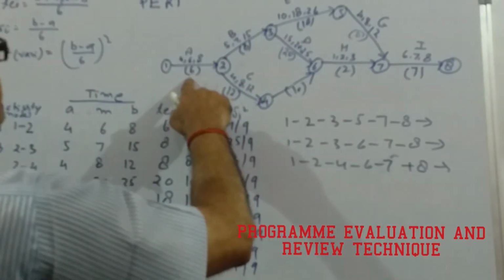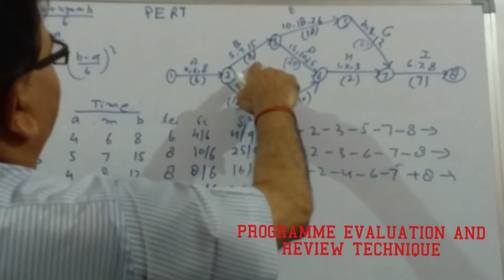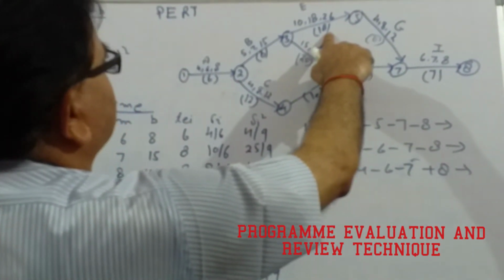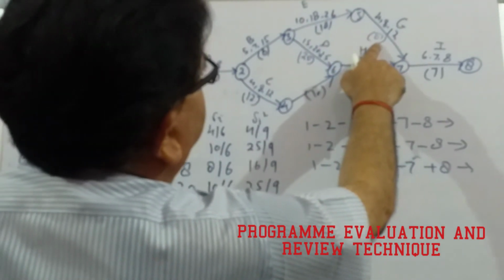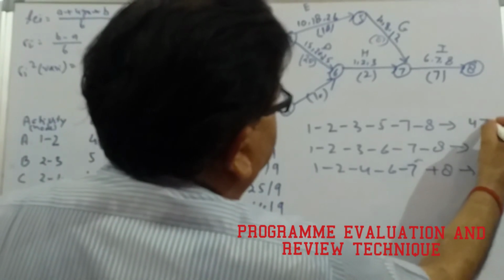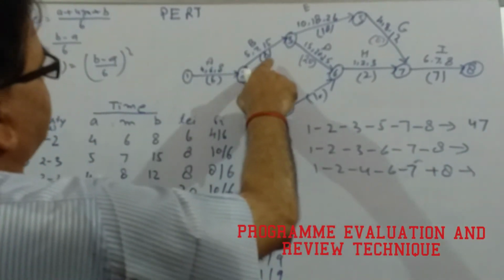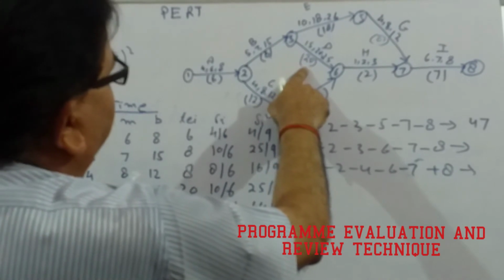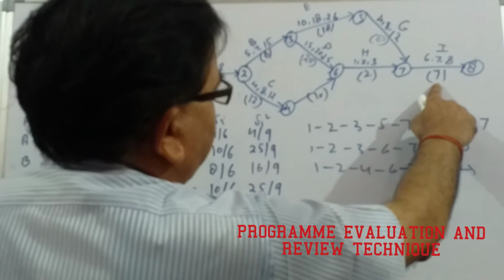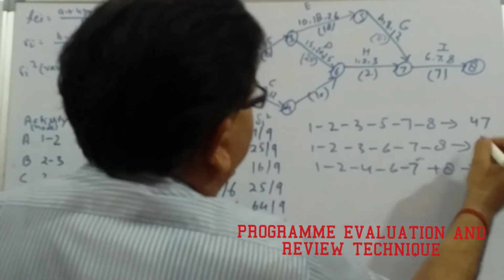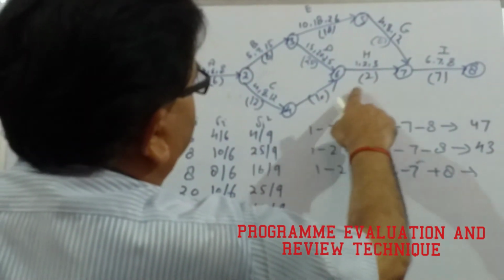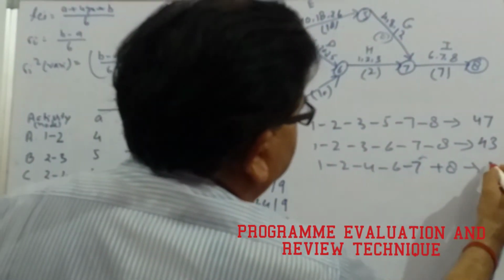So here 6 plus 8, 14, 14 plus 18, so that is 32, 32 plus 8, that is 40, plus 7, 47. Here 6 plus 8, 14, 14 plus 20, 34, 34 plus 2, 36 plus 7, 43. So 6 plus 12, 18 plus 10, 28 plus 2, 30 plus 7, 37.